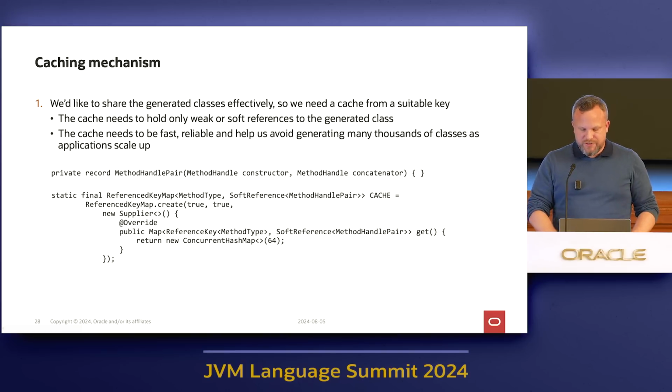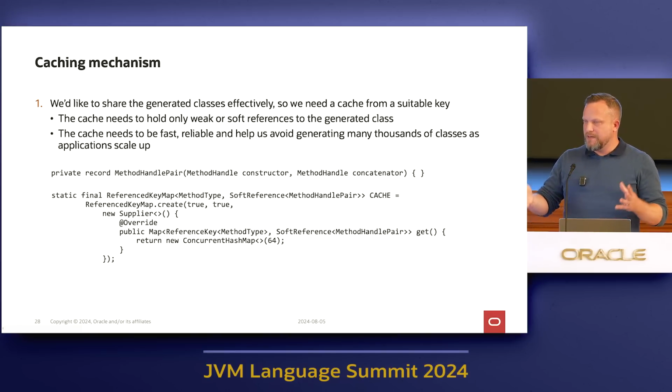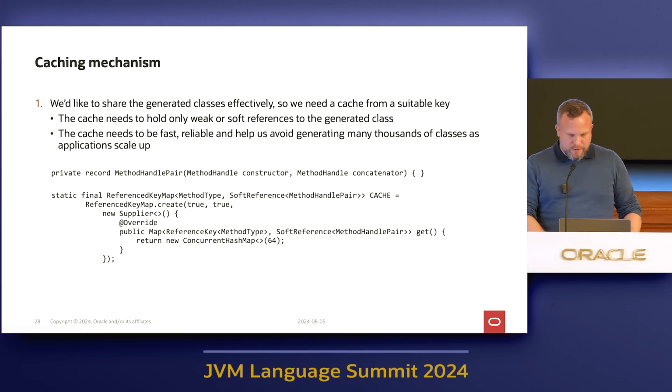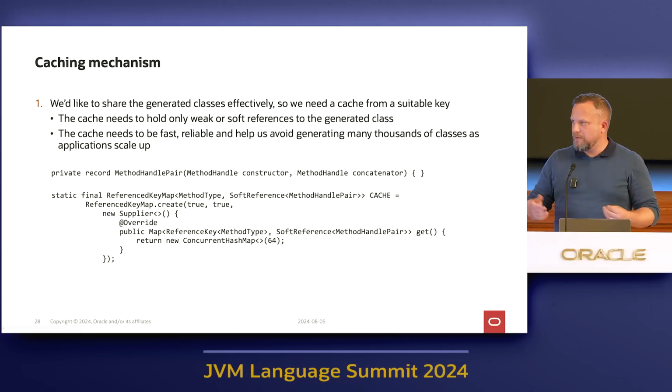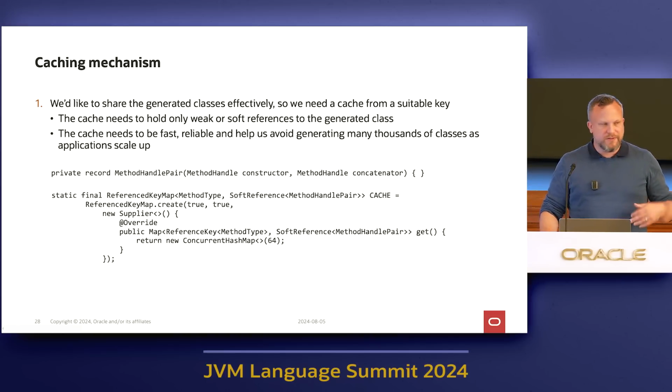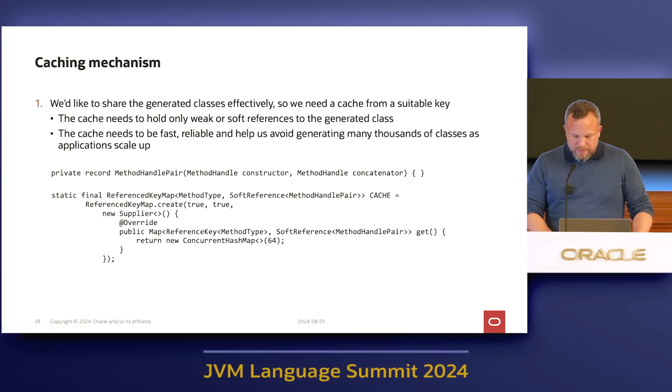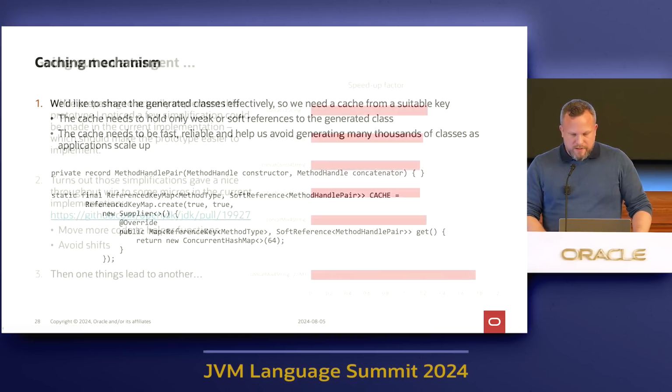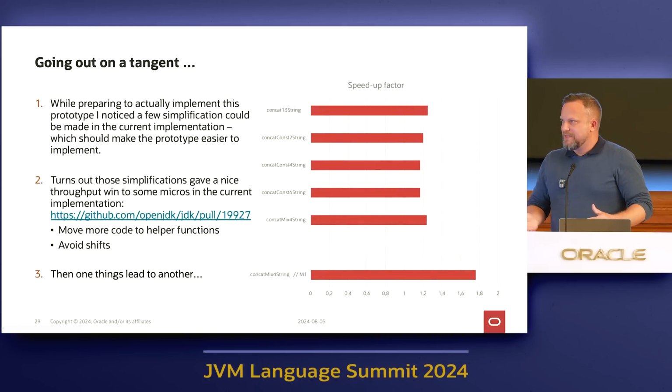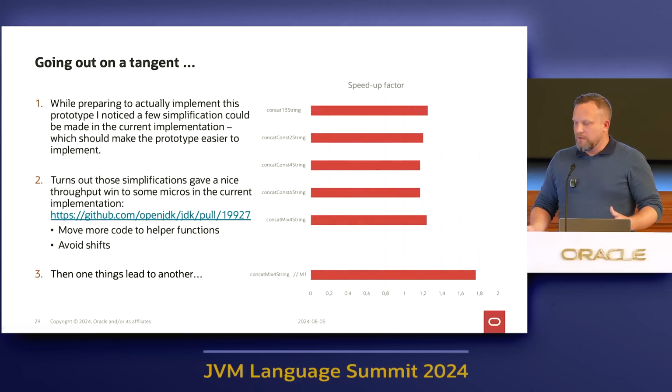We cache those so that whenever we see a similar method shape in the string concat factory, we can see if we have already generated the class for this, reuse those handles, create an instance of the concatenator, and return that handle. So that's the plan.